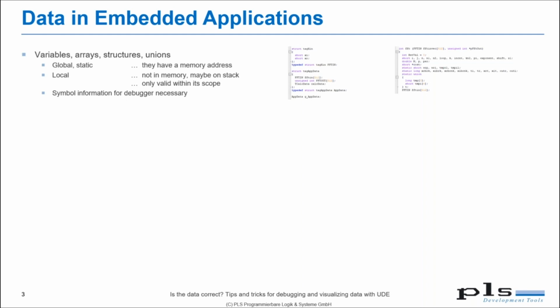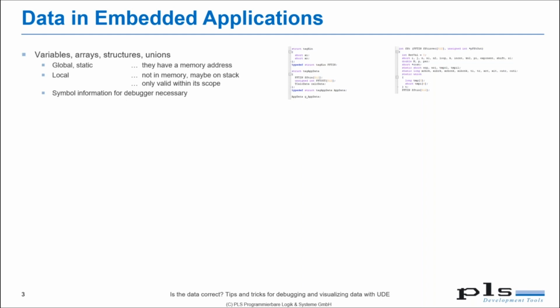We distinguish between data that is stored in memory. They are static and global variables, or we have local variables or local data. Our local data have no fixed memory locations.